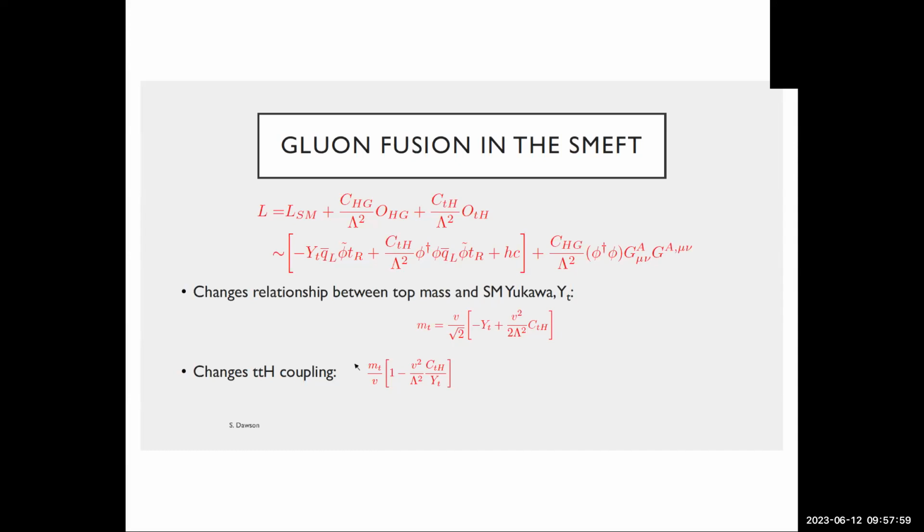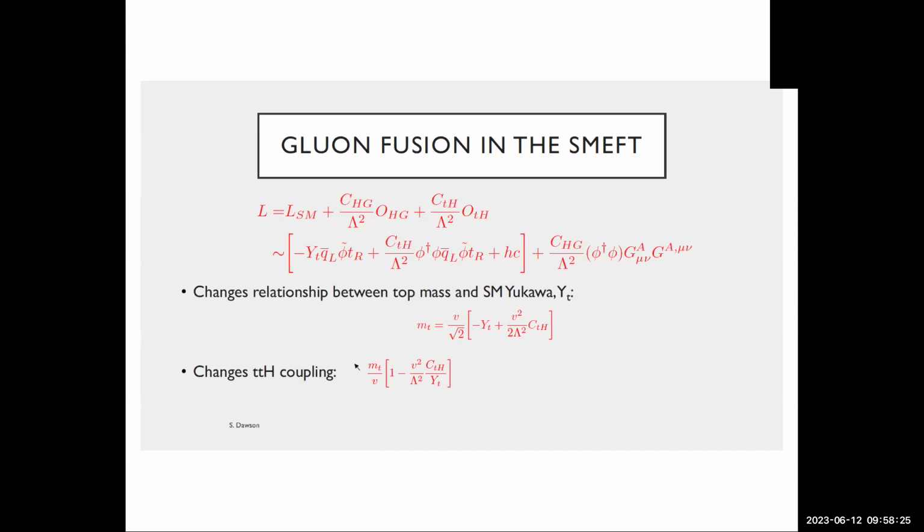But this particular example shows something that comes up every time you do this effective field theory, because what this does is it changes the relationship between the top mass and the Yukawa. In the standard model, the Yukawa coupling is just the top mass. I showed you this, that TTH coupling is MT over V with a square root of 2 here. But once I start adding these new terms, this relationship has changed.